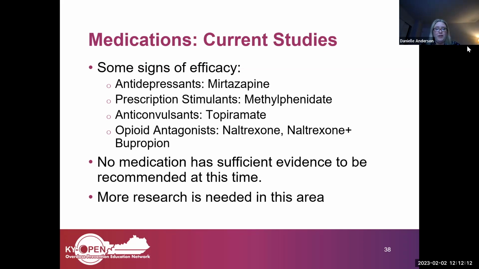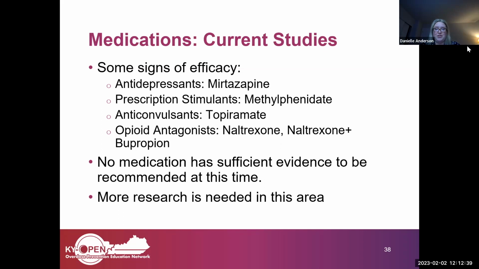And then opioid antagonists: we're seeing that the opioid system may have implications in other substance use disorders. So naltrexone, which is an opioid reversal agent, and naltrexone plus the antidepressant bupropion have been shown to have some modest benefit in reducing methamphetamine use.